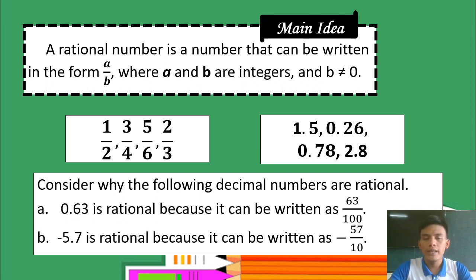Another example, negative 5.7. Negative 5.7 is a rational number because it can be written as negative 57 over 10. When you divide negative 57 by 10, the result is negative 5.7. Therefore, a decimal number is a rational number as well as a fraction.